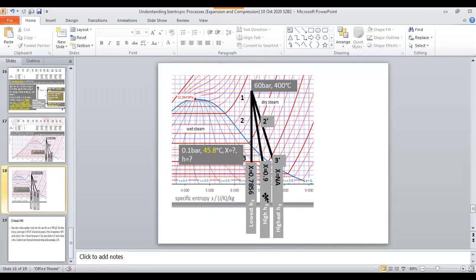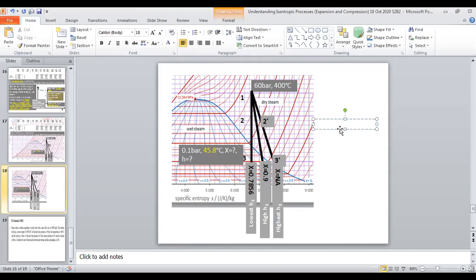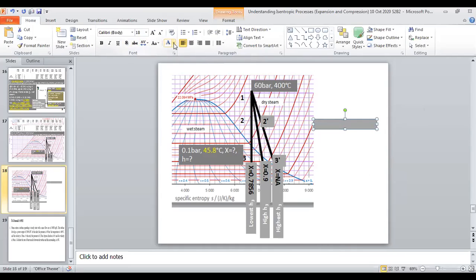So then you can see W is H1 minus H3. Okay, yeah, you cannot say it well.